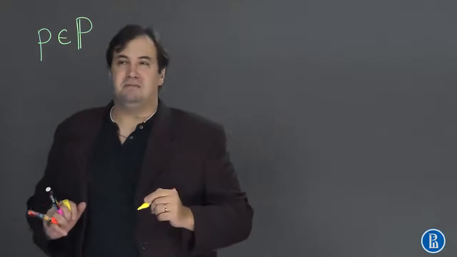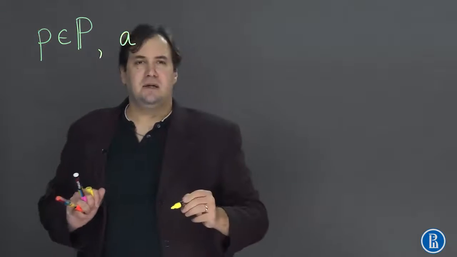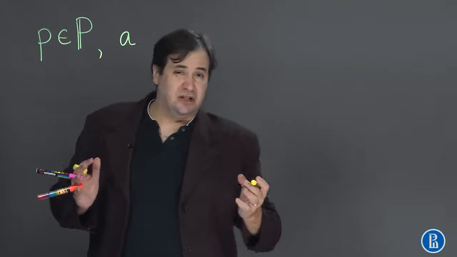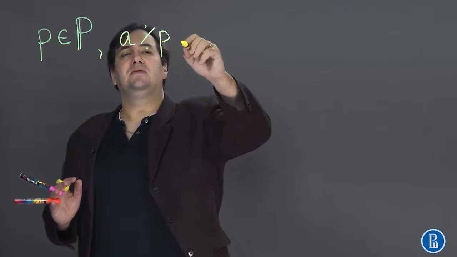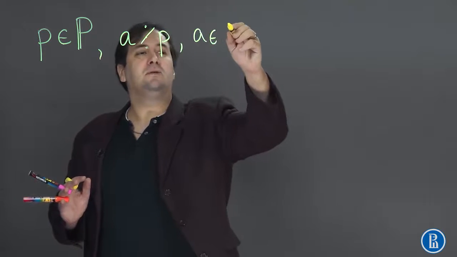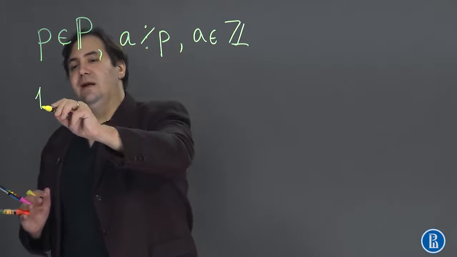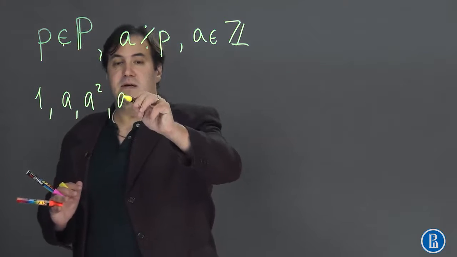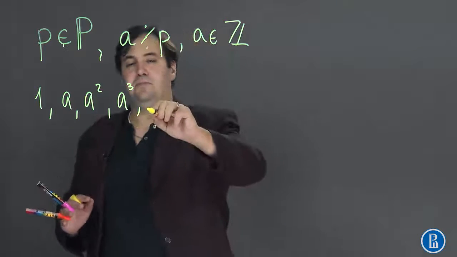We occasionally denote the set of prime numbers as P, and take A to be a non-zero remainder modulo P, or just an integer which is not divisible by P. It doesn't really matter, because what we will do is study the sequence 1, A square, A cube, A to the power 4, 5, 6, and so on.